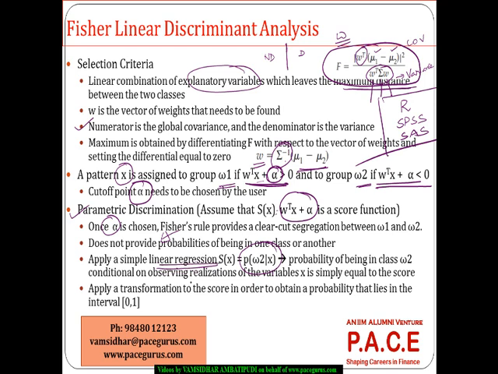That can help me obtain the probability that a particular borrower belongs to the default class, and 1 minus that will tell me the probability that he belongs to the other class.